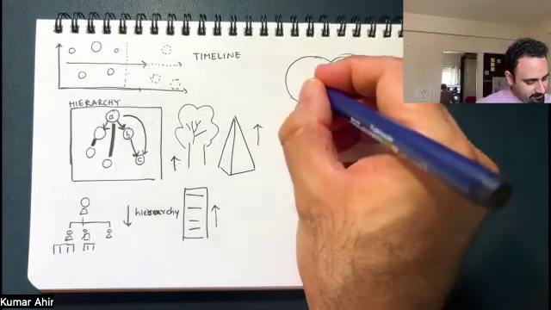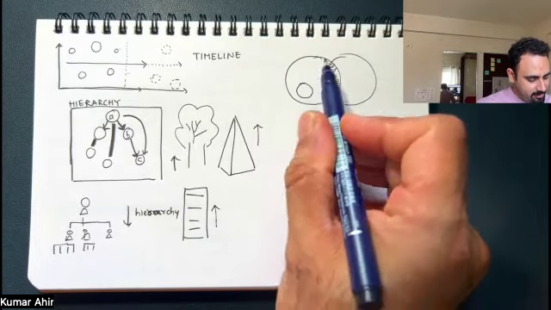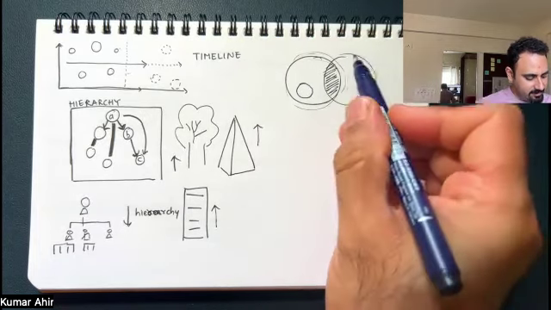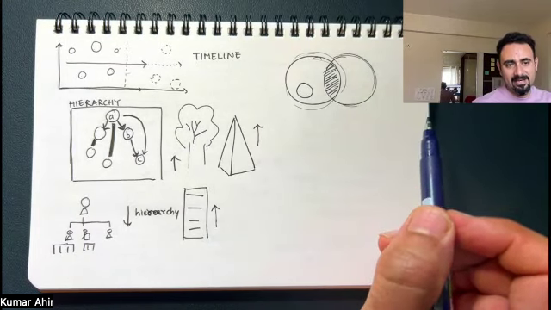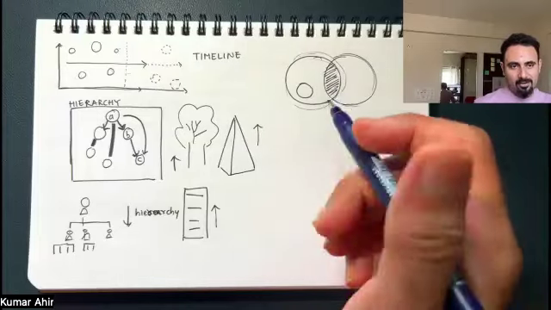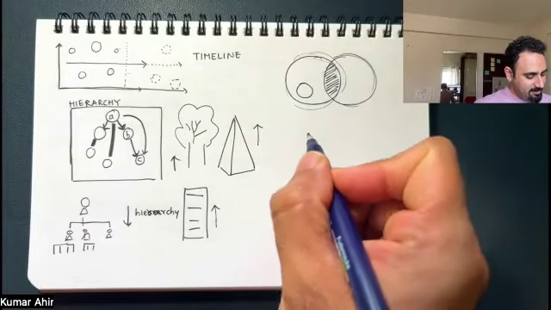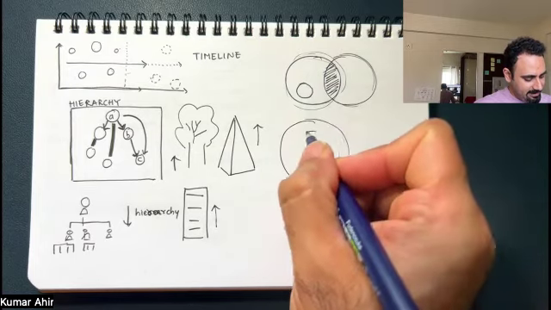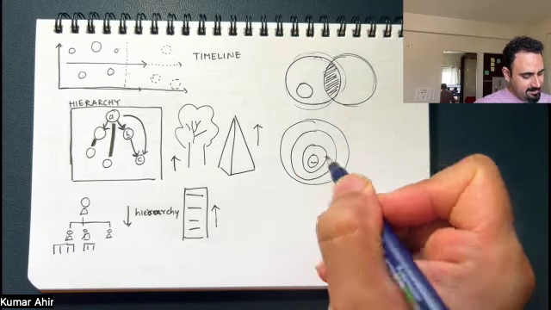Or if I draw something inside, I can say that this is a part of this larger set of information, right? So right now, if you have seen Gen AI maps, you will see that there is AI, and then there is machine learning, and then something else inside.